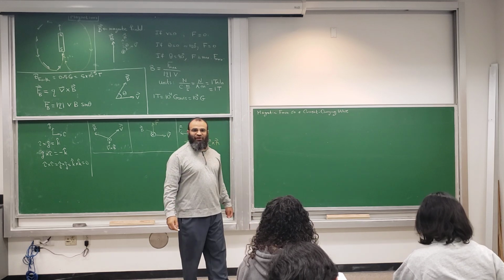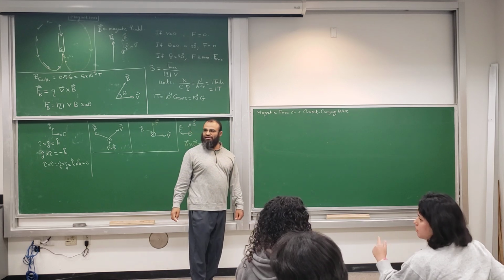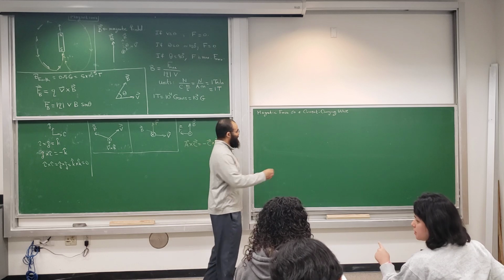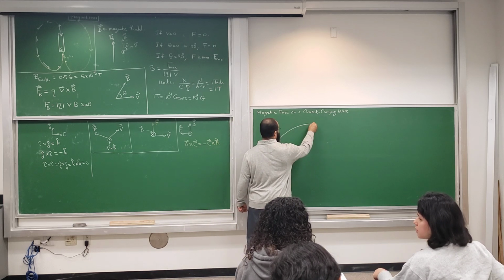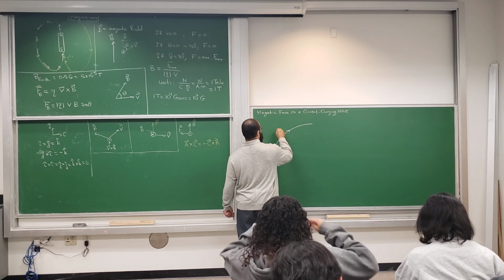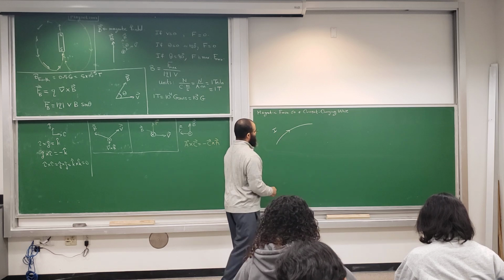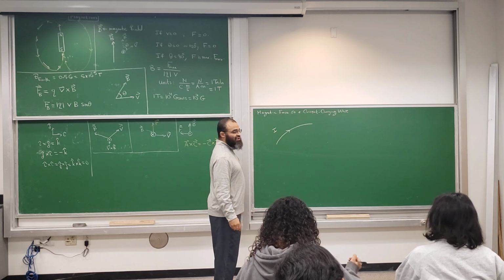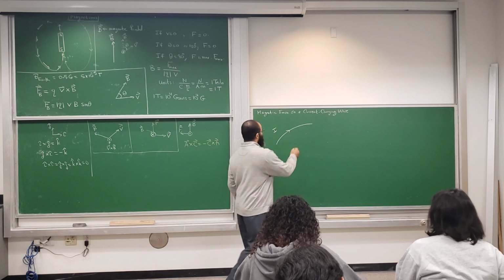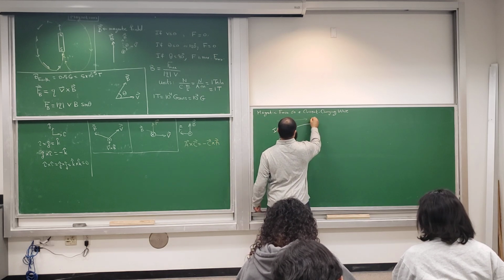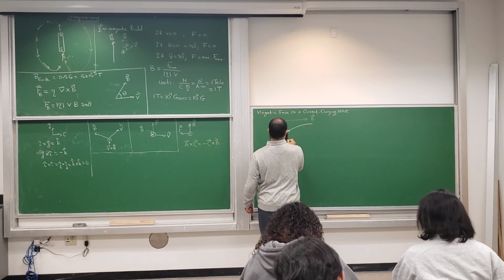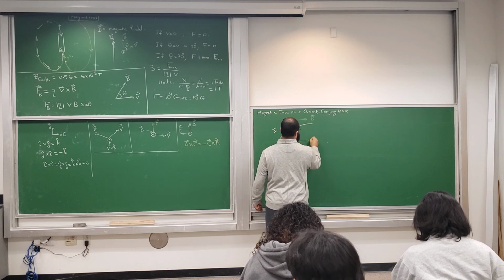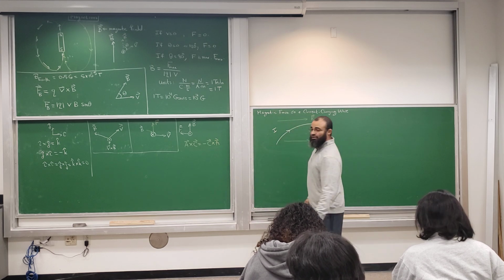So suppose I have a current carrying wire and it's in a magnetic field, right? So let's say here's the current, I. It's a wire, it has current, and it's in a magnetic field. Let's say the magnetic field B is to the right.